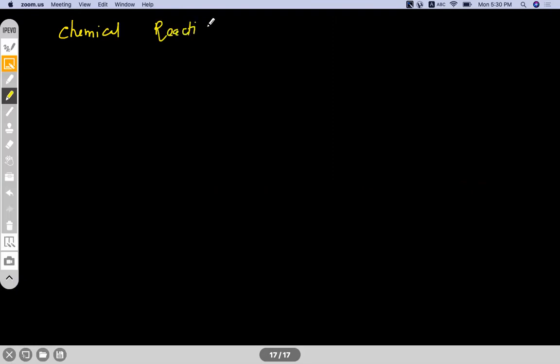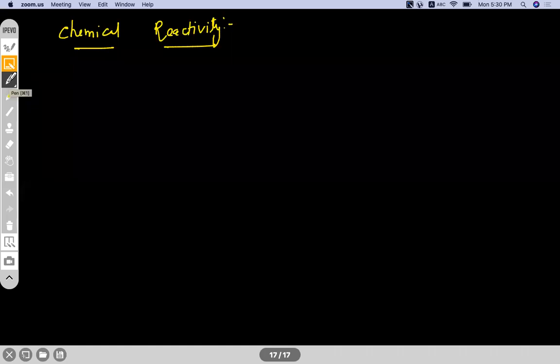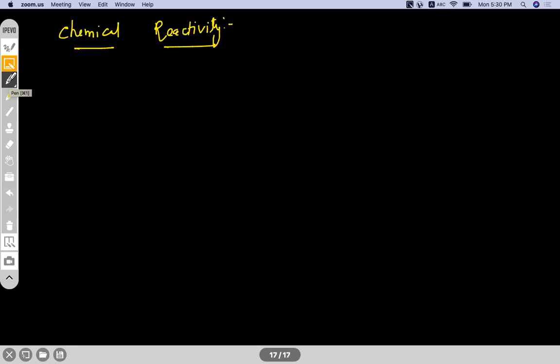Again, as we go down the group, size increases, ionization energy decreases, tendency to lose electrons is more, it can easily form +1, +2 oxidation states, and hence the reactivity increases. So reactivity order is minimum for beryllium, magnesium, calcium, strontium, and barium. This is the order we have. Okay, chemical reactivity.